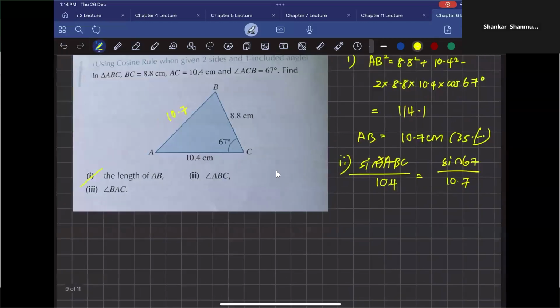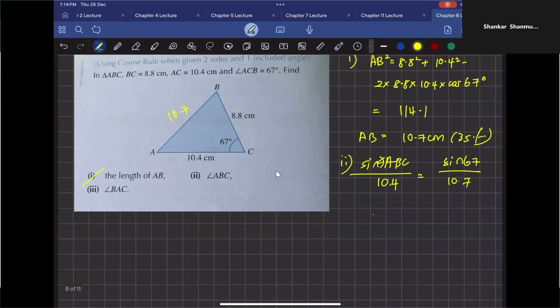Just simplify this, and if you solve this, you should get 63.7 degrees.